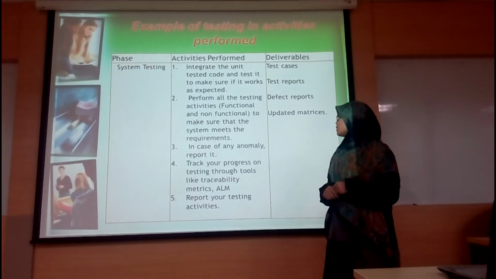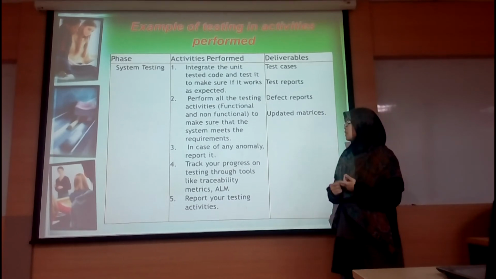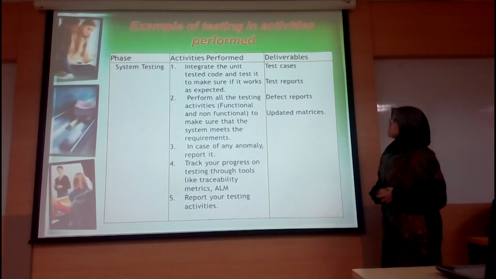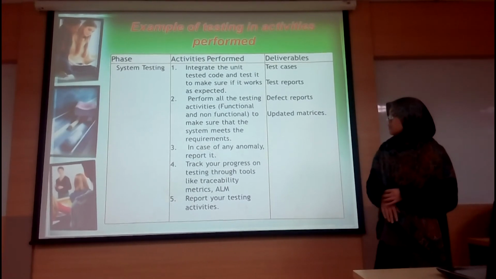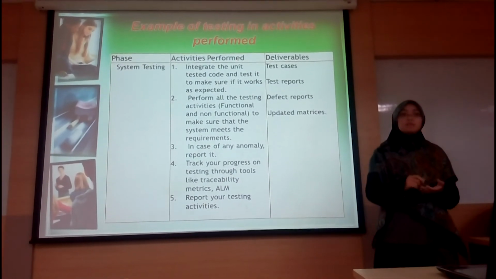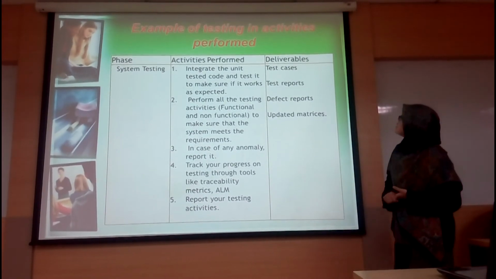The fourth one is track your progress on testing through tools like traceability matrices. The fifth, report your testing activities. Report your testing activities means all the bugs for the system must be recorded in detail.